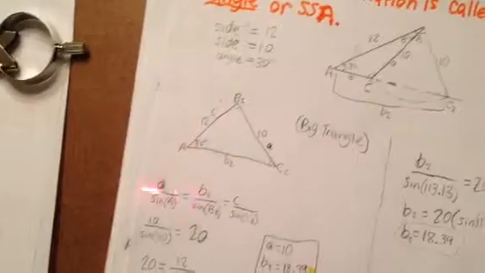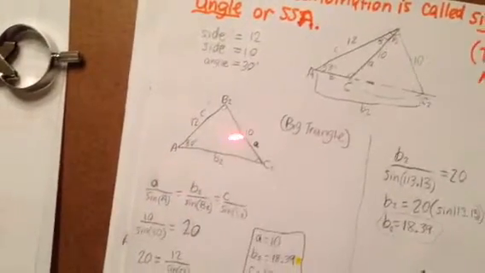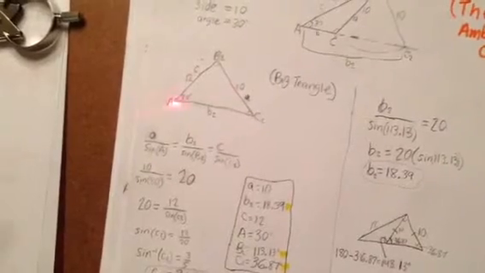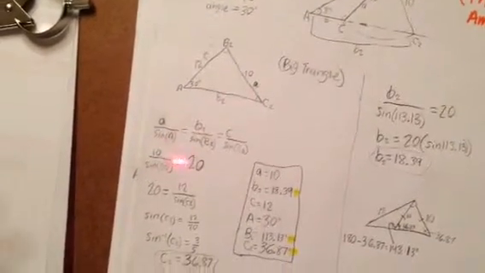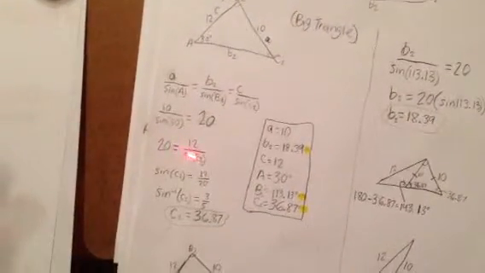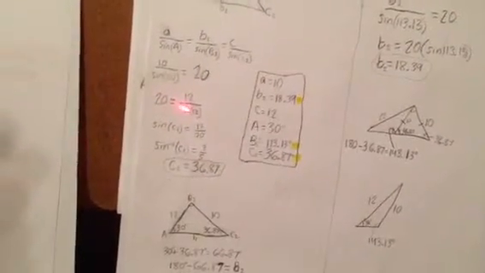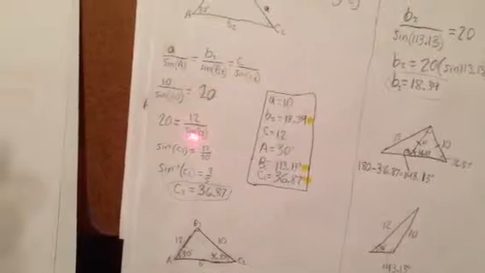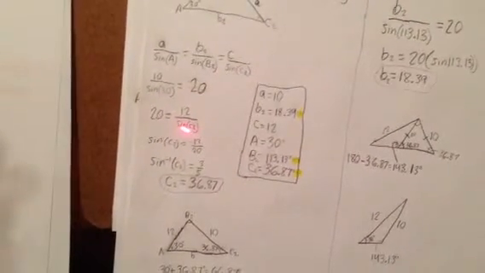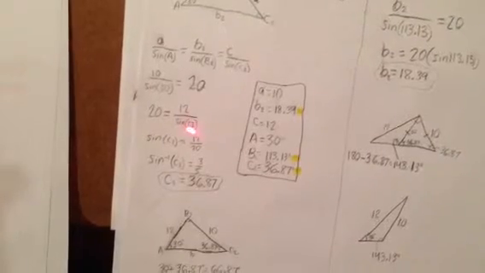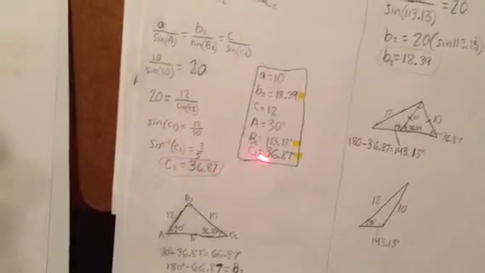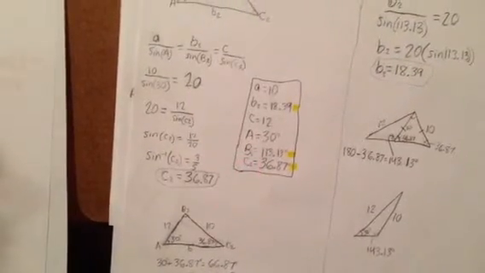I'm going to use the law of sines. I'm going to plug in what I know, the a value, the 10 and the 30, and I found my constant value of 20. Now I'm going to use that to find all the other variables. In this case, it was C. I'm trying to find the angle of C, so I'm going to bring that down and use SOHCAHTOA to find my C angle value.